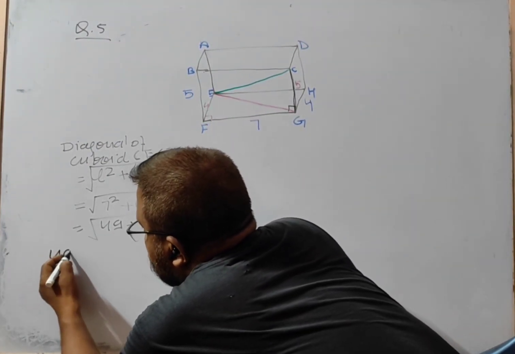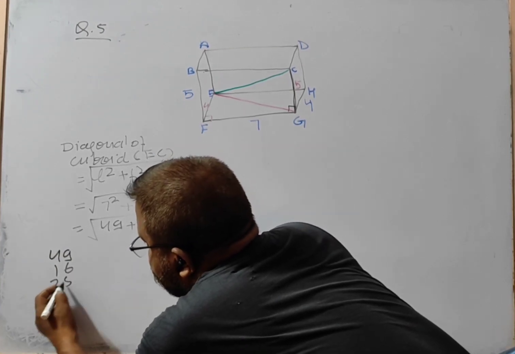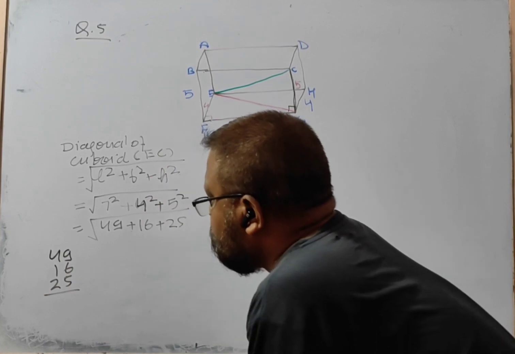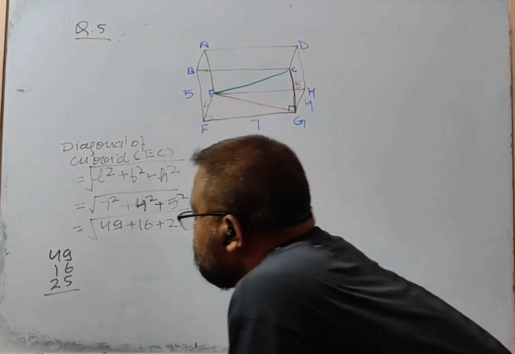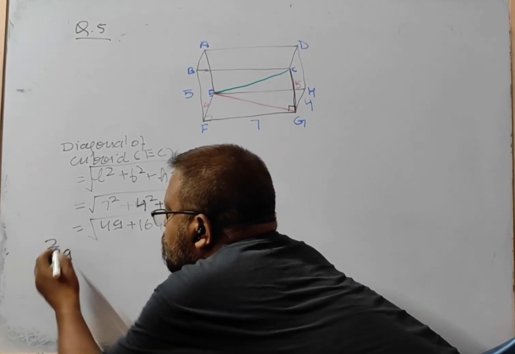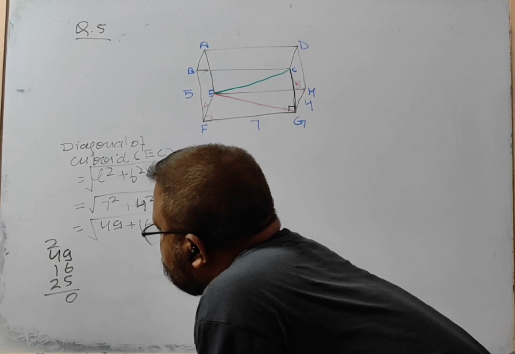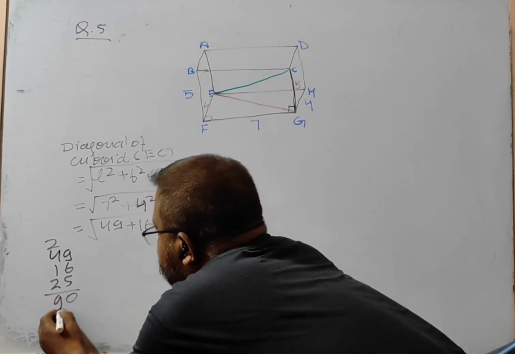49, 16, 25. So 9 plus 6 becomes 15, 15 plus 5 becomes 20, carry 2. 4 plus 3 becomes 7, to 9. It's 90. Fine.